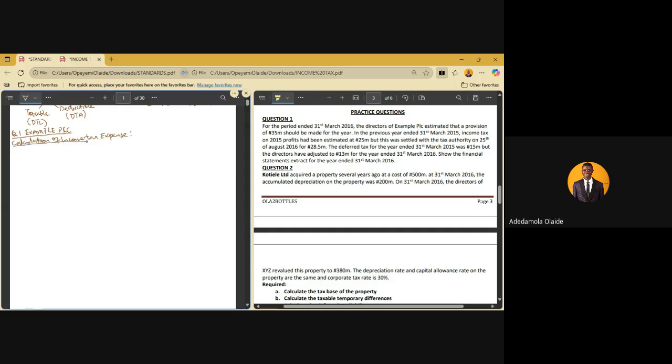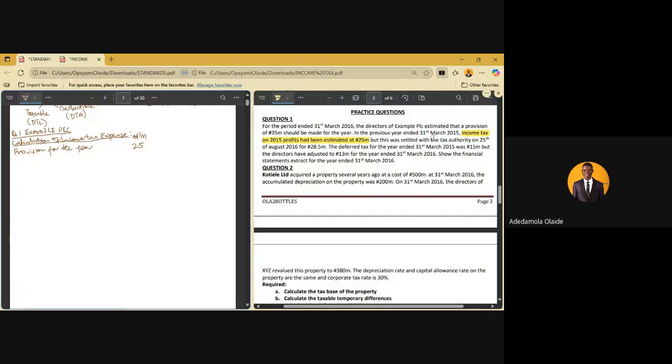So our income tax expense will have what? Provision for the year. How much did they say they are providing for the year?